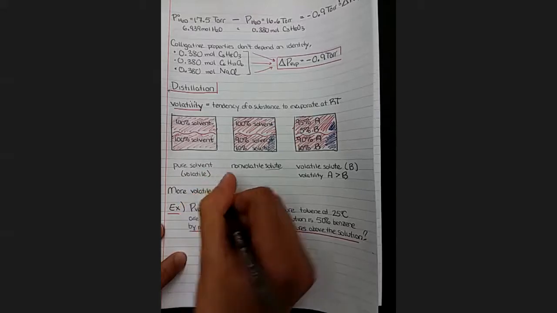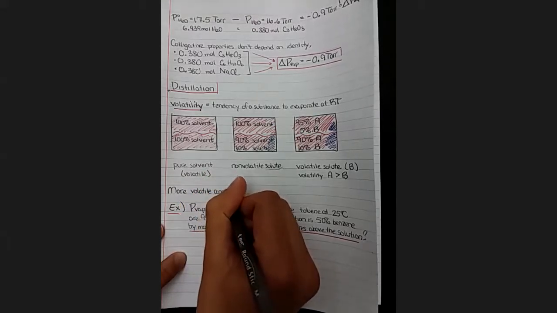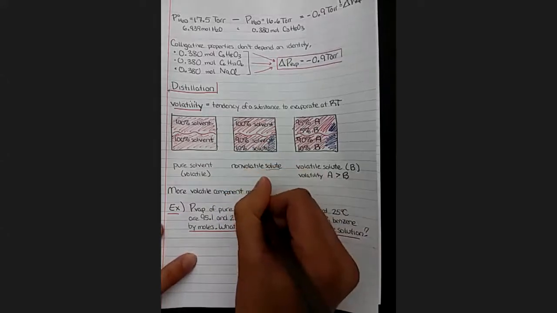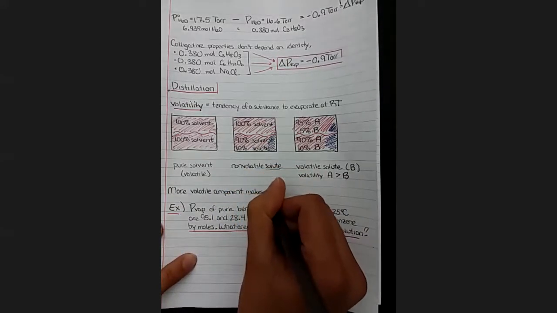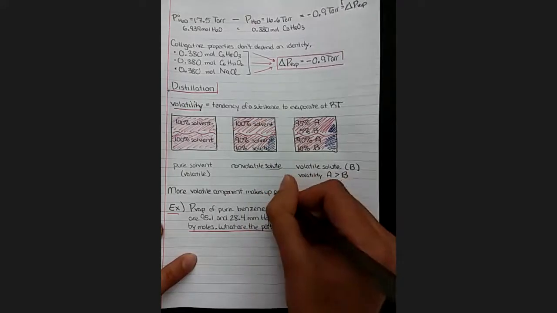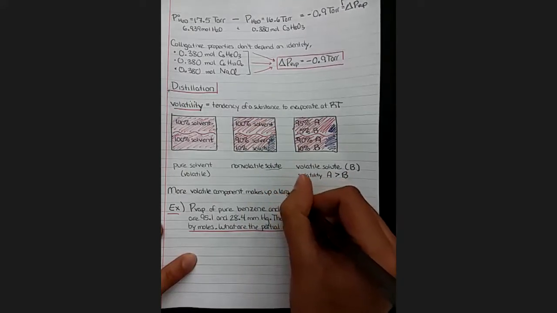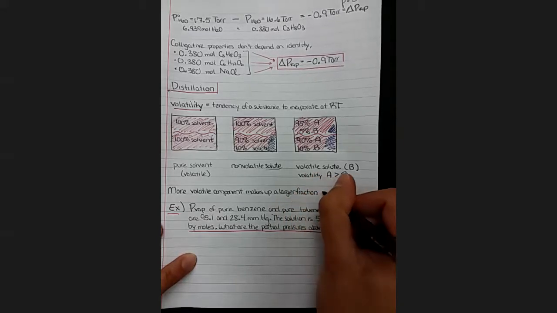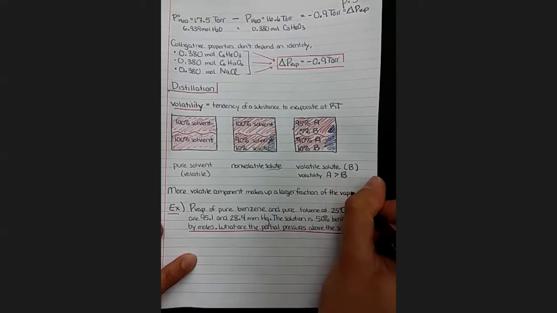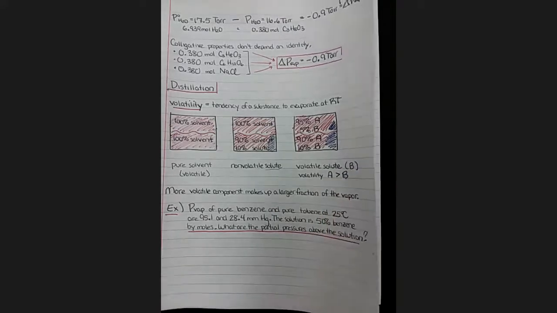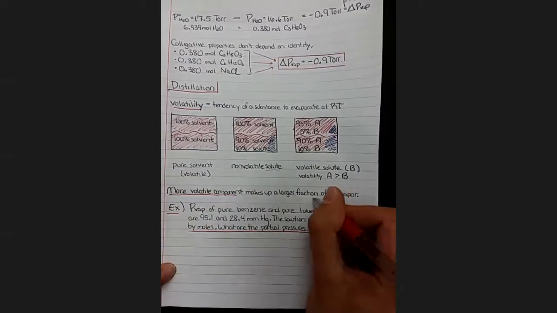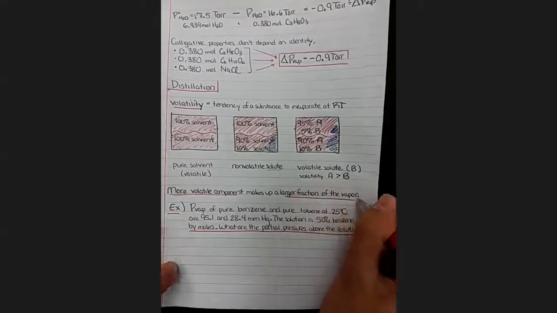The more volatile component, which was component A, makes up a larger fraction of the vapor than it does in the liquid. We increase the amount of the more volatile components in the vapor phase.